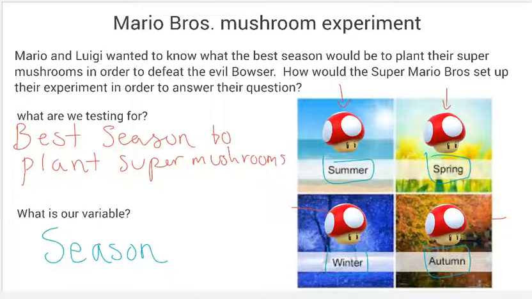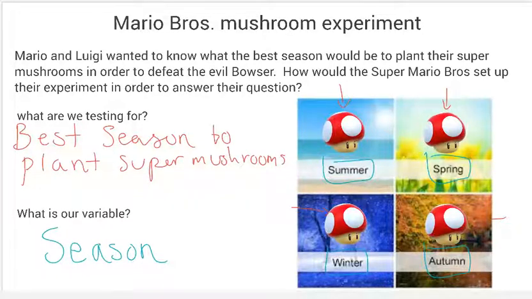One other thing we have to talk about is, to do a successful experiment, we have to do it multiple times. We do it multiple times to make sure that the results are good. If we do an experiment once and get an answer, we don't always know if that answer is the correct answer. It could be a fluke, or it could be some data that is not always the best.